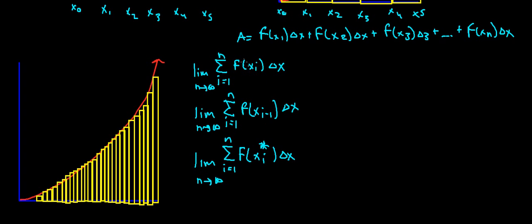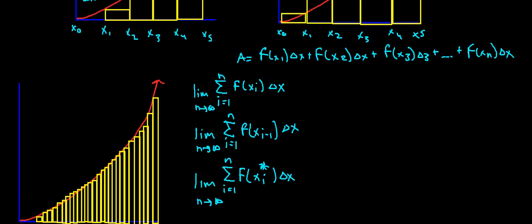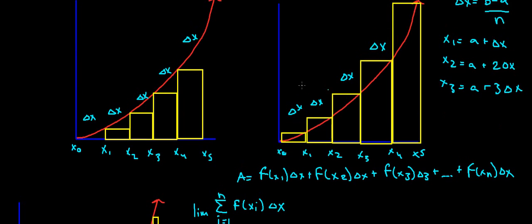And n is going to depend on how many of those rectangles there are. The more rectangles there are, then the smaller they'll be and the more accurate it will be. There are three different formulas here. It just depends on how one wants to set up these rectangles. I can do them like this, where they're underestimating.